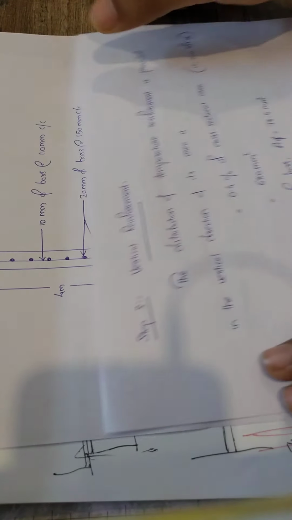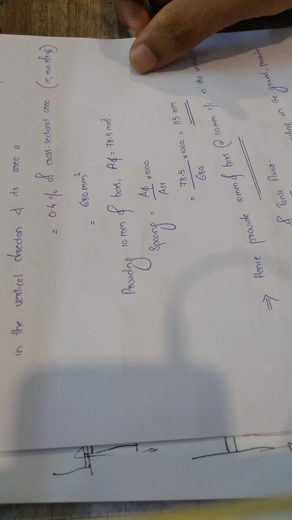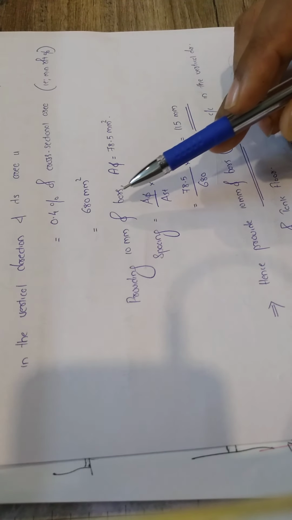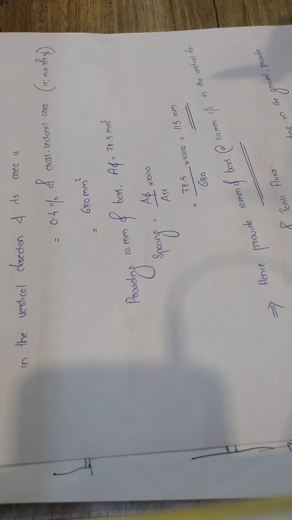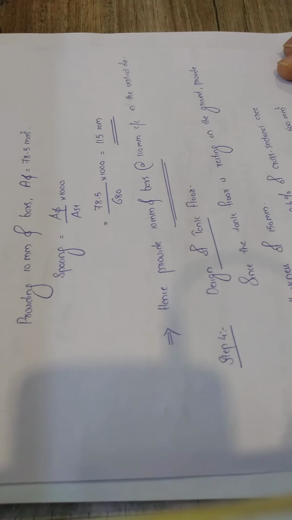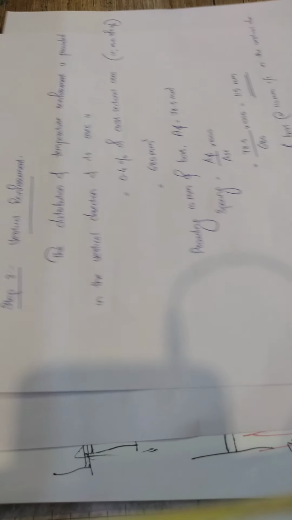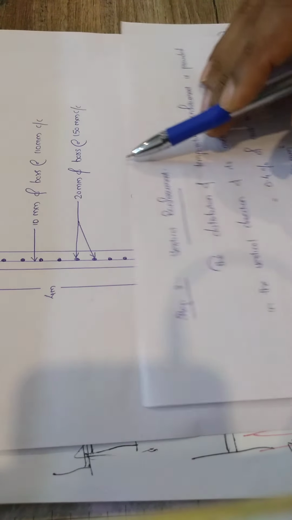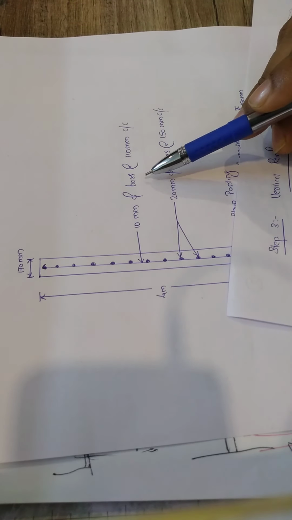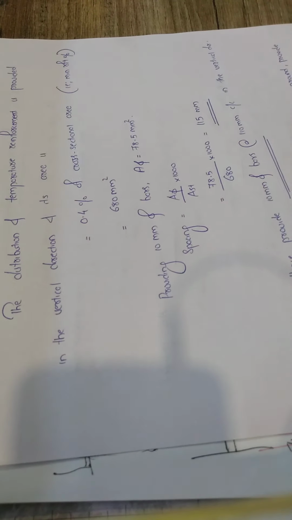The vertical reinforcement we can find out by using the percentage of reinforcement as the same 0.4%, the minimum percentage, and it is 680 mm squared. Providing 10 mm dia bars, the spacing that I am getting is 115 mm, hence I am providing 10 mm dia bars at 110 mm center to center in the vertical direction. So that is the distribution reinforcement.